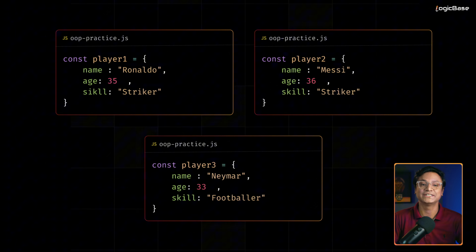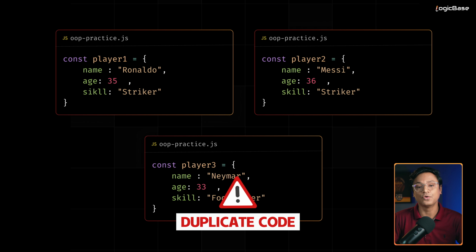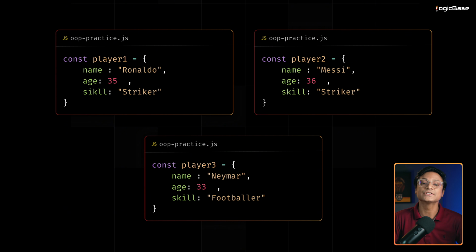All three players share almost the same object structure, yet you are writing them out separately. If that number grows, say 100, 200, or even 300, you'd be manually writing each one every single time. The first problem is you end up writing duplicate code. When you repeat the same thing over and over, the chances of mistakes go up.